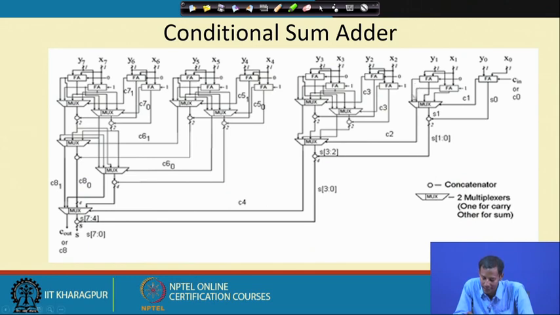So, we obtain the results of carry and sum from these two full adder cells. Whenever the carry out from this full adder cell is 1, it will choose the carry and sum output from this particular full adder cell.